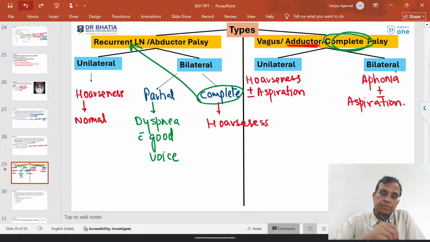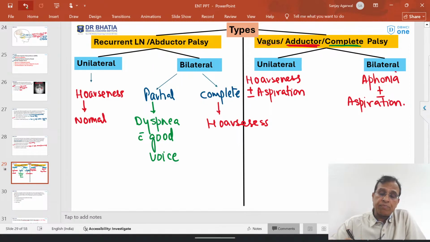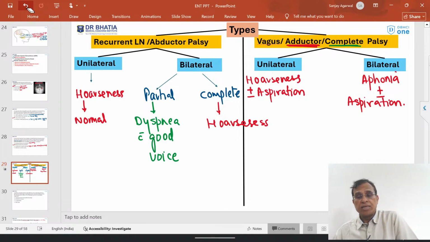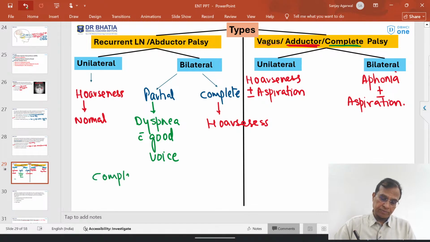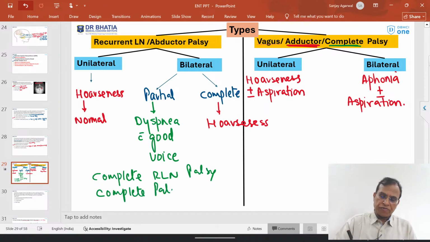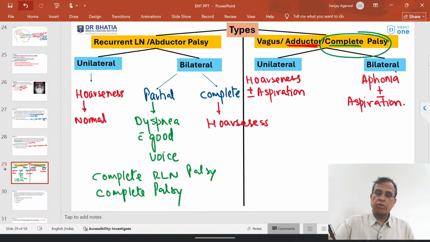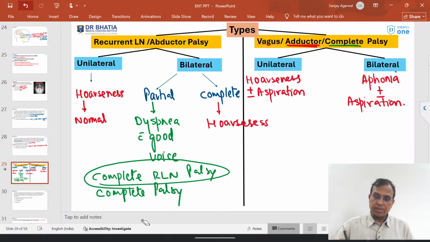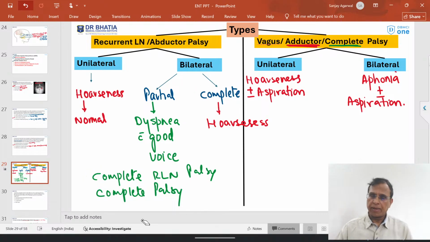Here it is written complete and here also complete. So be careful when they use the word complete. Which complete are they talking about? Complete recurrent nerve palsy or complete palsy? One is complete recurrent laryngeal nerve palsy and one is just complete palsy. So if I just tell you complete palsy, then I'm talking about this one. But if I talk about complete recurrent nerve palsy, then I'm talking about this one. Keep this much in mind.